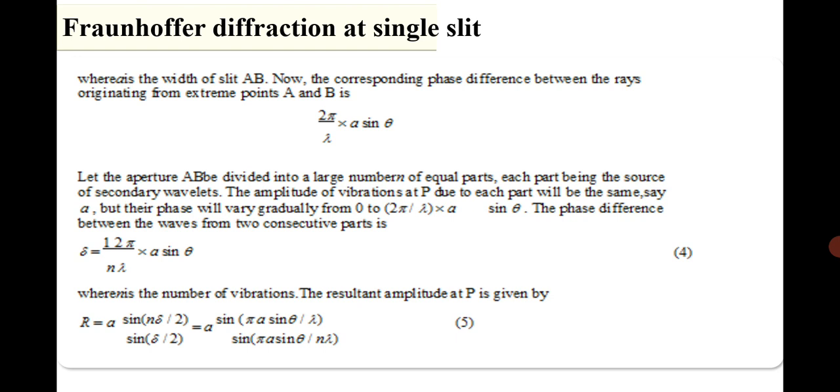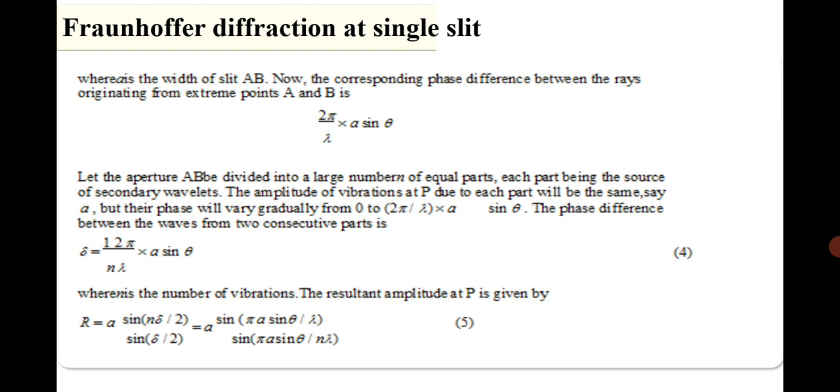The amplitude of vibration at P due to each part will be the same, say A, but their phase will vary gradually from 0 to 2π/λ times a sin θ. The phase difference between the waves from two consecutive parts is δ = 2π/(nλ) times a sin θ, where n is the number of vibrations.